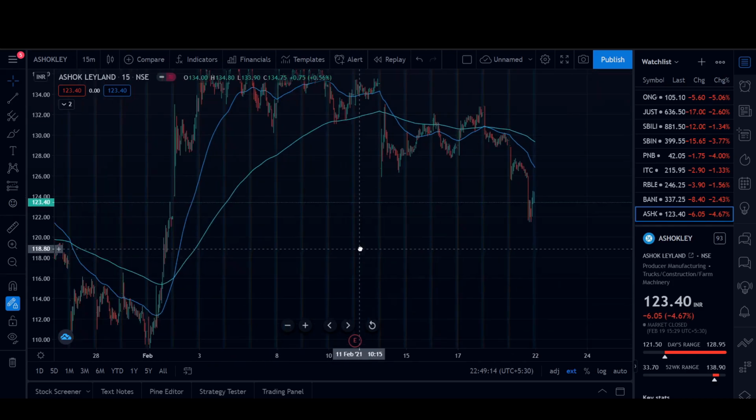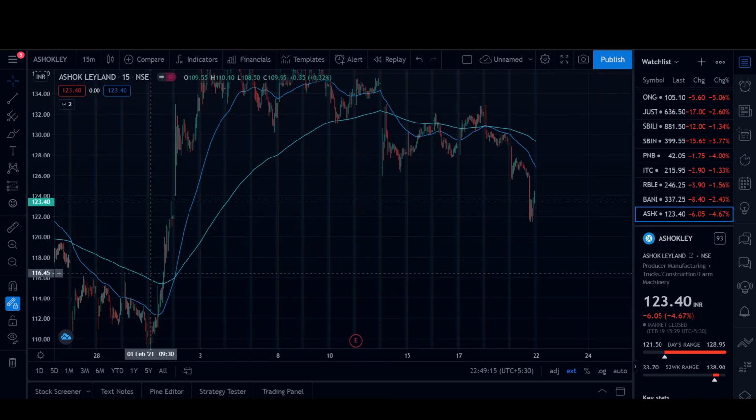The line which is smoother is always the EMA of the bigger time frame. So over here, this is the 200 EMA. As you can see, it is smoother than the 50 EMA, which is this line.